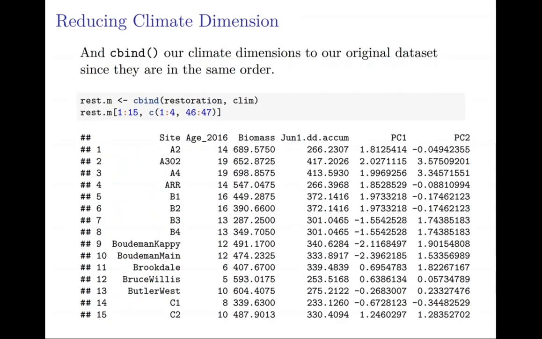Because we know that those two data sets, the PC data set of climate and the restoration data set, are in the same order, we can just cbind them. And here's just a glimpse of the data set, and you can see again we have our restoration site, its age, its biomass, and some of the climate variables, and then all the way at the end we have the two weather PC axes.